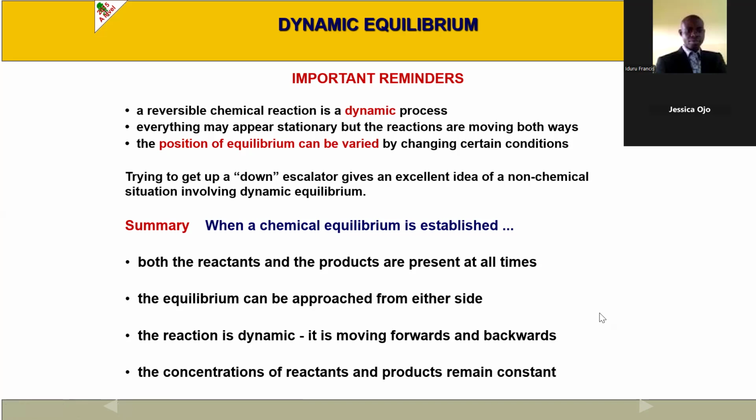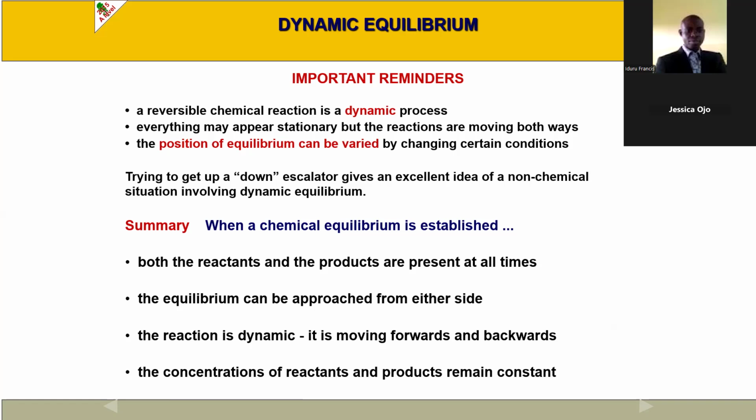All right. The reaction is dynamic. That is, it is moving forward and backward. The forward reaction is occurring at the same time as the backward reaction. Then the concentration of the reactant will remain constant.